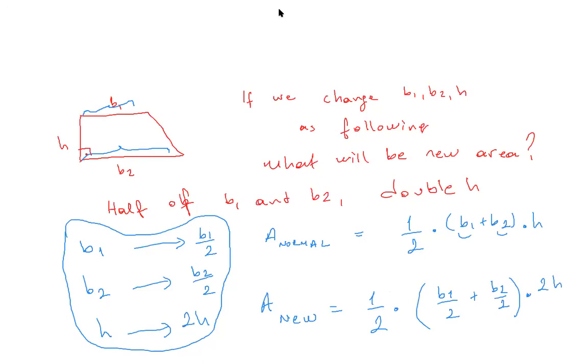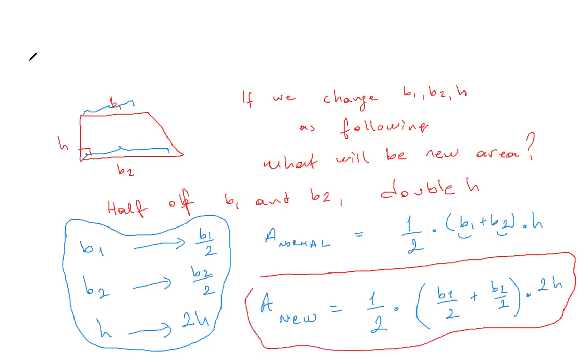No. Now, what am I going to say? I will say this one. When I use algebraic calculation here, it's clear that area new is equal to a half times, be careful please, when the bases are same, when we have two fractions, what is the rule? Adding them. So B1 plus B2 divided by 2.